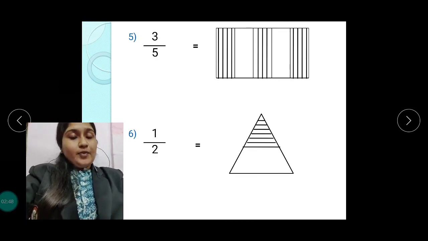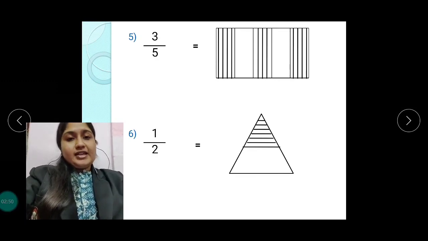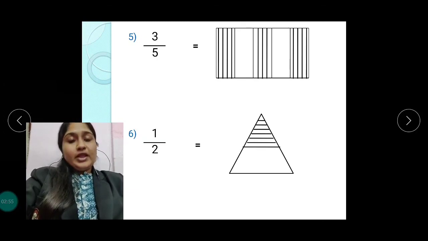So here we have completed our exercise 3 and exercise 4 will be your homework. Okay, so with that we have completed our fraction chapter here. Okay, my dear students, in the fraction chapter, first was points to remember, then exercise 1, write the fraction.